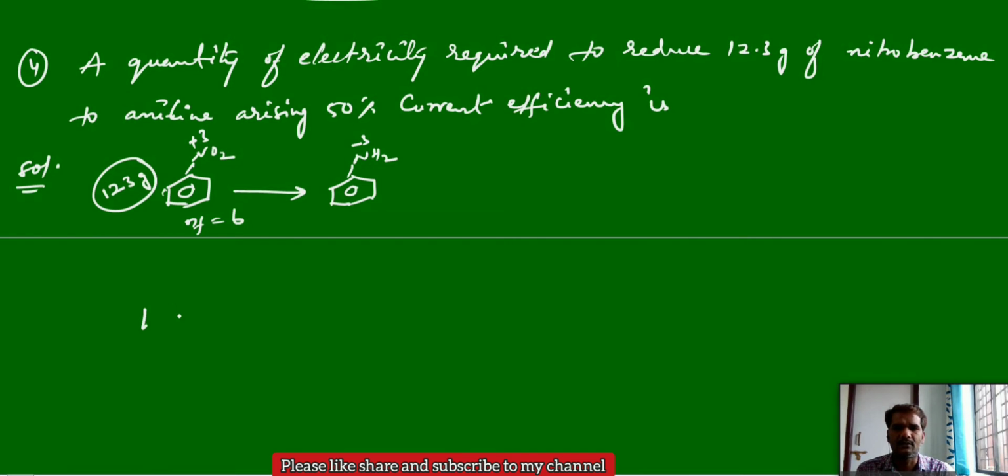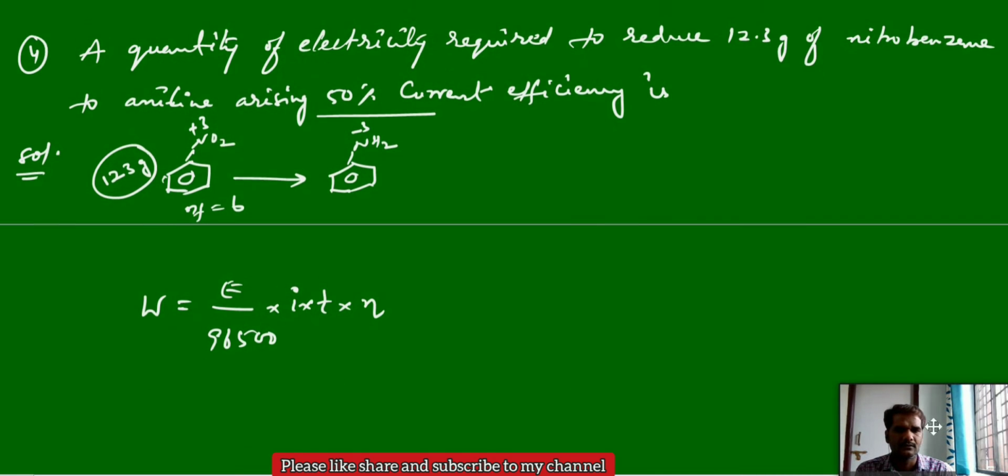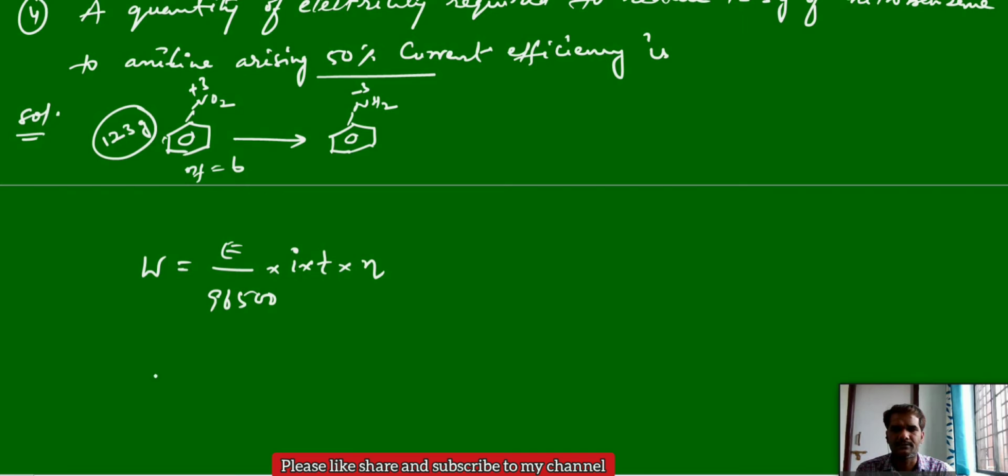What formula do we have? W is equal to E by 96,500 into I into T. If current efficiency is mentioned, we have to take one more factor. If the current efficiency is given, you have to take the current efficiency eta value. So here W, how much of substance?